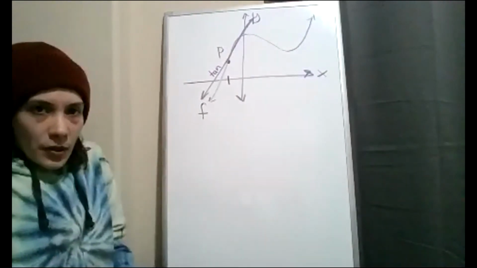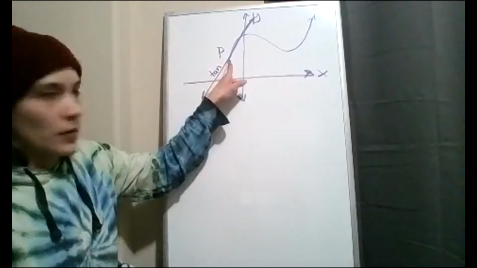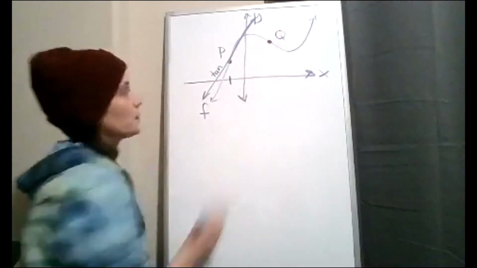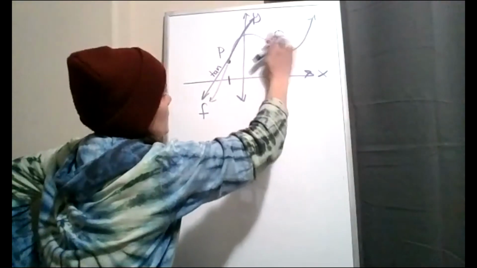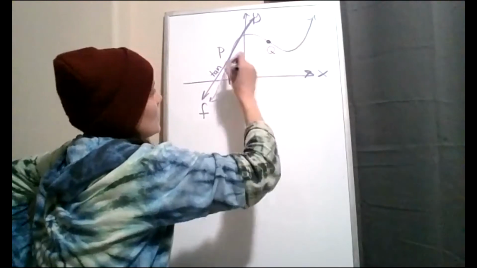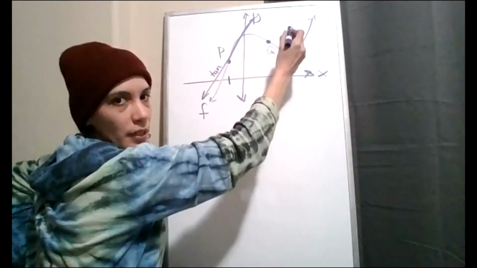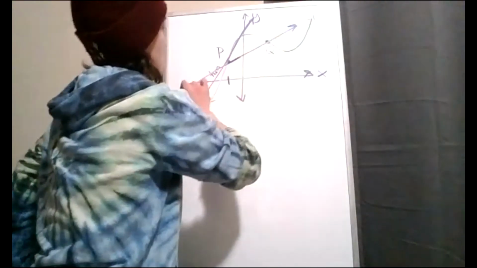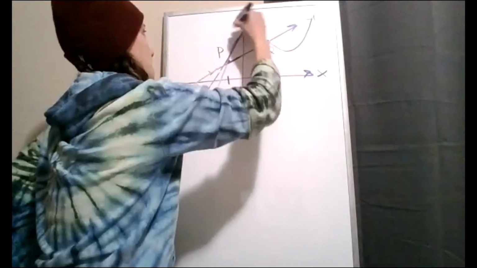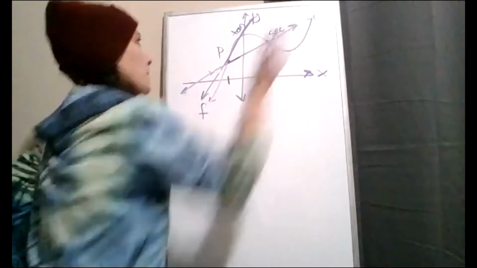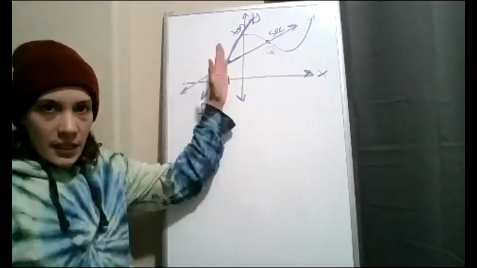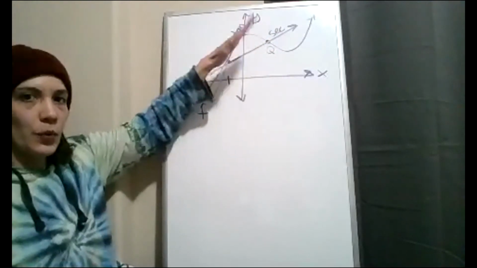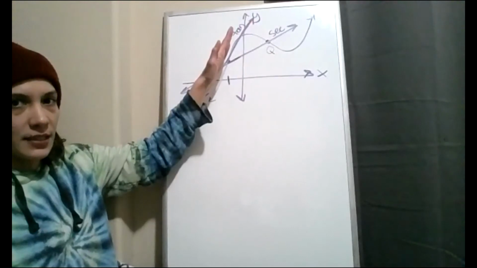We're going to work with secant lines that go from P to some point Q, drawn through those two points. We'll have secant lines that get closer and closer to P, and that way, from all of those secant lines, we'll know what the tangent line is.